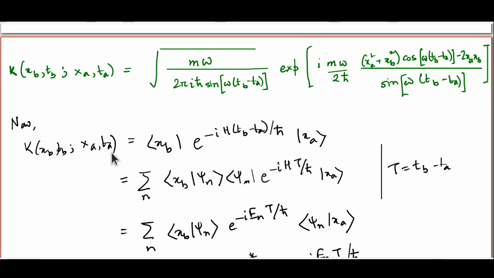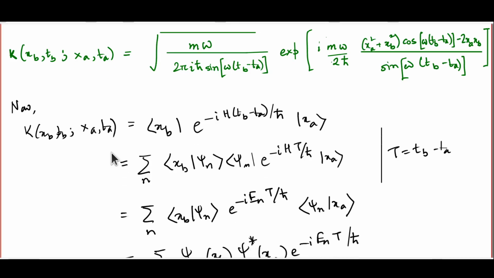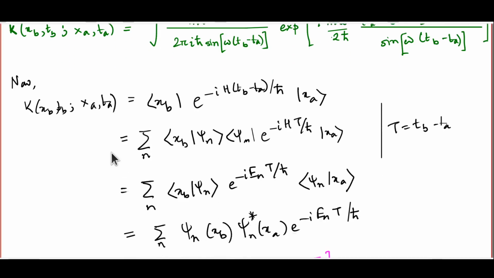Now the overlap of xb with psi n is our familiar position space wave function at xb, psi n of xb, whereas the overlap of psi n with xa is actually the conjugate of that. So you get psi n star of xa times e to the minus i En T by h cross. So this is the so-called spectral representation of the propagator. The propagator has been represented in terms of the spectrum of the Hamiltonian, its eigenstates and eigenvalues.